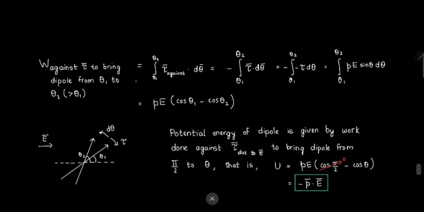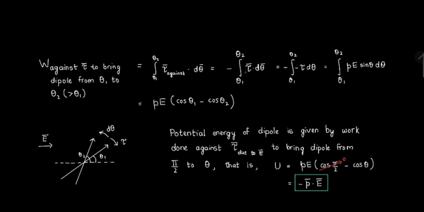How do I find this work done? I just have to do a dot product. This is like the force, and this is like the displacement. This is angular displacement, and then I have some torque here, which is the angular version of force, from theta 1 to theta 2. So this is against, so it will be the negative of the torque due to the electric field.